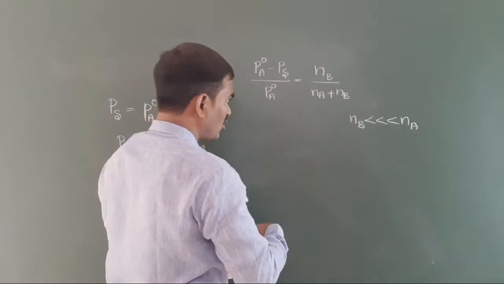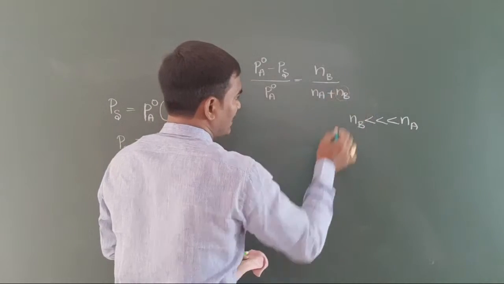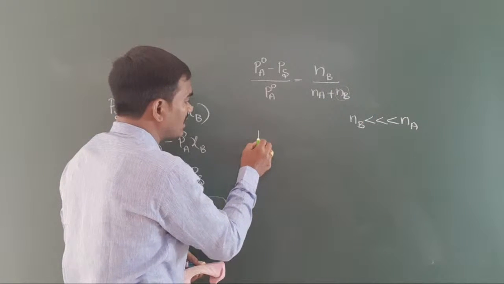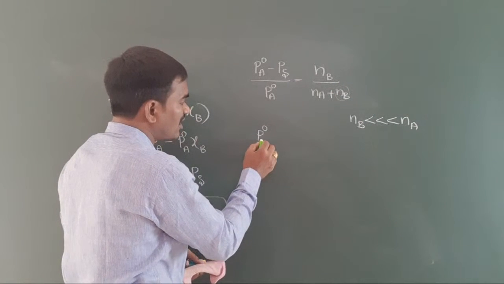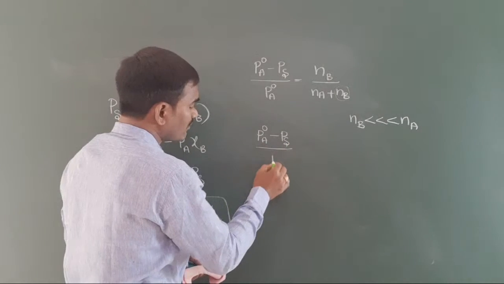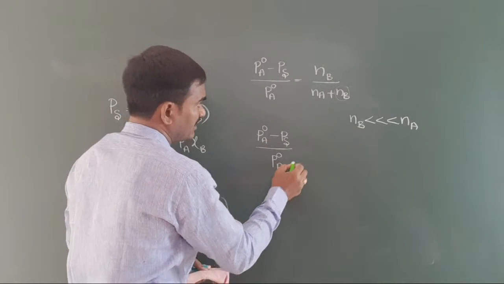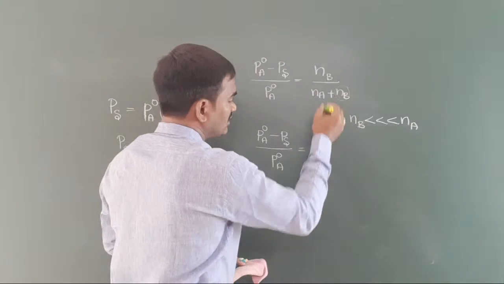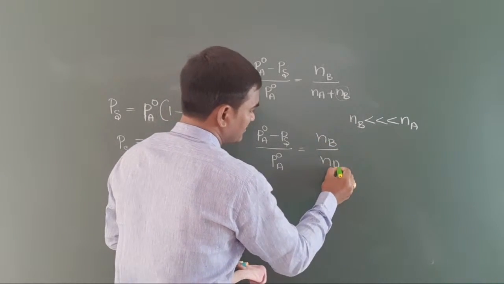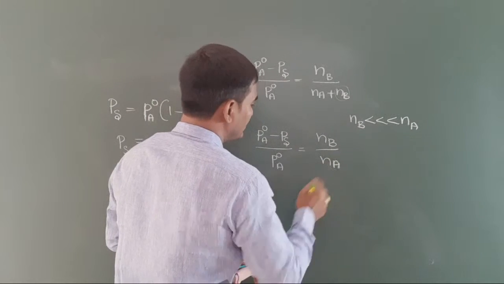Therefore, in the denominator, this value is negligible. Therefore, the above formula will become like this: (P naught A minus Ps) by P naught A is equal to NB by NA.